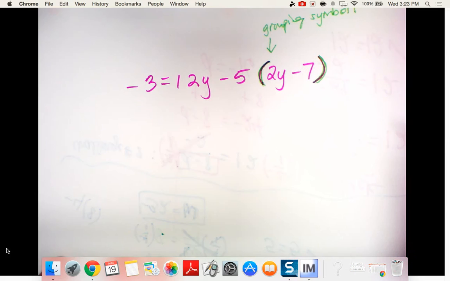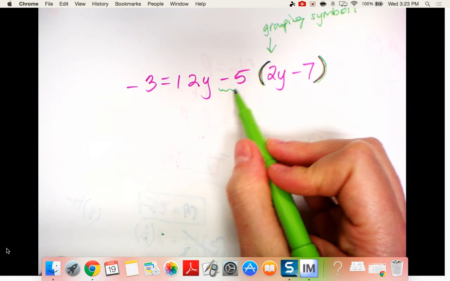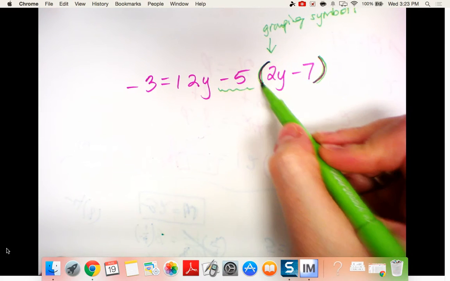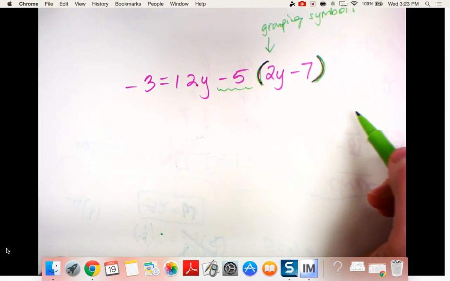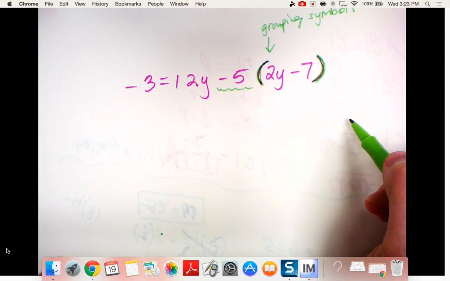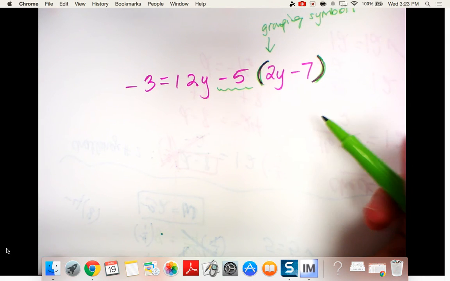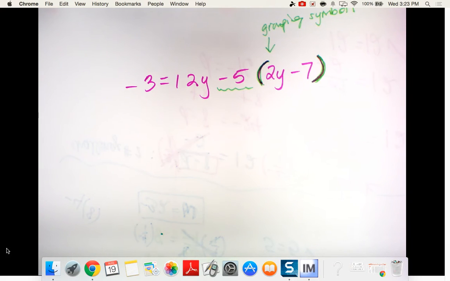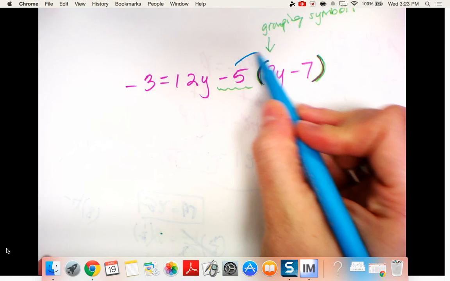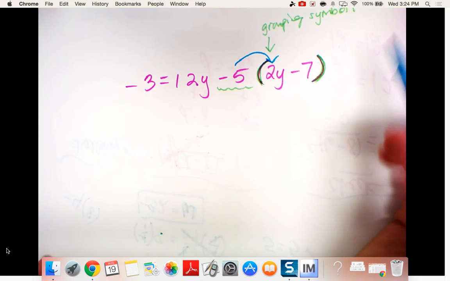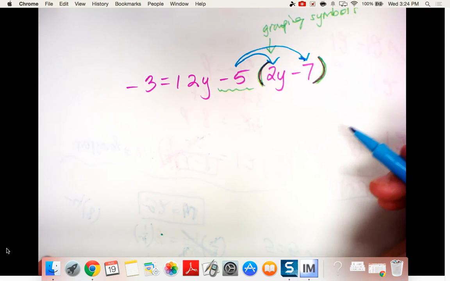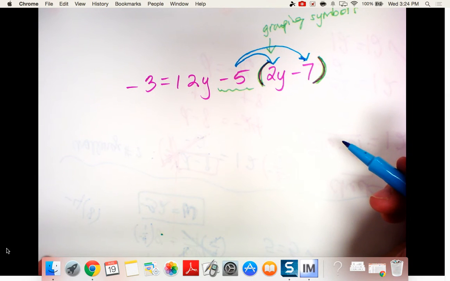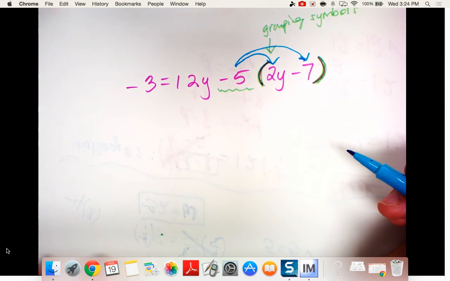Okay? We have this negative 5 here, and it is being multiplied by this entire expression, the 2y minus 7. So we're going to distribute the negative 5 to the 2y, and we're going to distribute the negative 5 to the negative 7. And the operation that is happening whenever you distribute is multiplication.